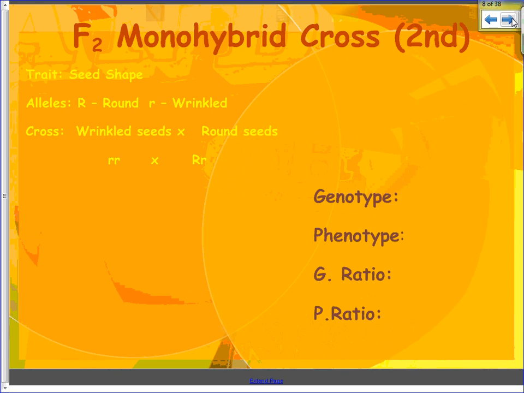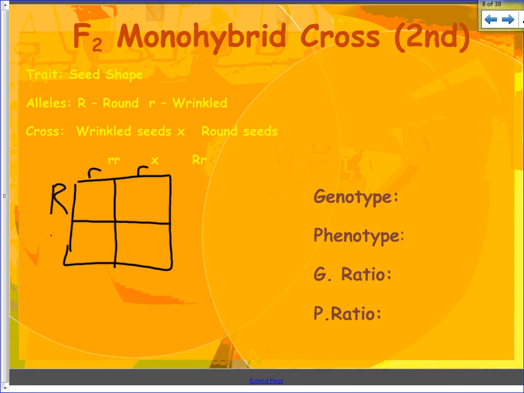And this is what it looks like. So again, if we're using wrinkled seeds, if we have a known dominant, let's say that one was, for example, a heterozygous, this is what it would look like. So again, running our Punnett square, setting it up.